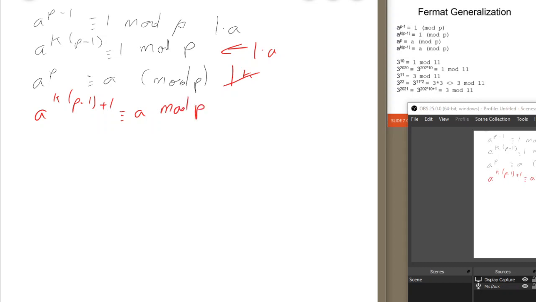This is more interesting, and it has multiple applications that we are going to see from now on. One of them is for encryption.